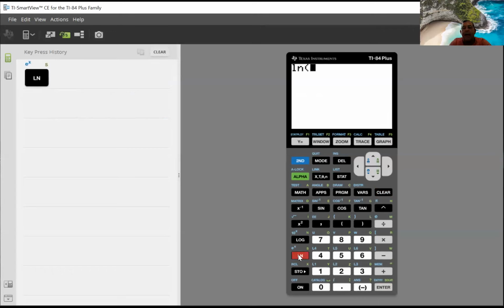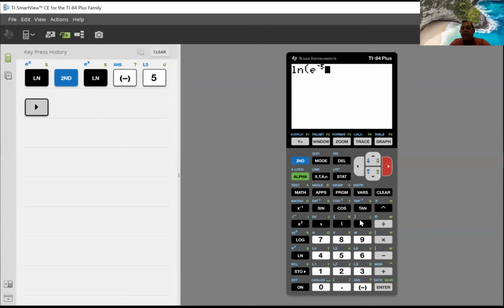Now to get the e with the exponent, I'm going to hit second ln. So there's that little blue e to the x. Now my exponent was a negative 5. But remember, ln is a log base e. So I really got a log base e of e to the negative 5th. So y'all notice since my base matches the base of that result, my answer will be that exponent of negative 5.